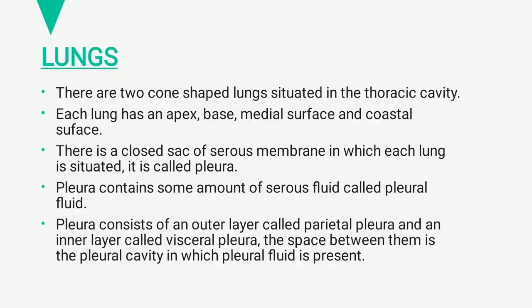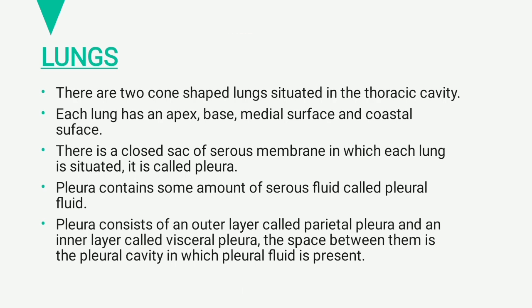There is a closed sac of serous membrane in which each lung is situated. It is called pleura. Pleura contains some amount of serous fluid called pleural fluid. Pleura consists of an outer layer called parietal pleura and inner layer called visceral pleura. The space between them is called pleural cavity, in which pleural fluid is present.